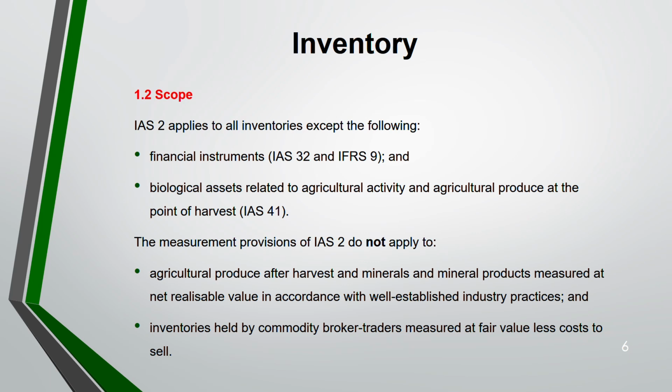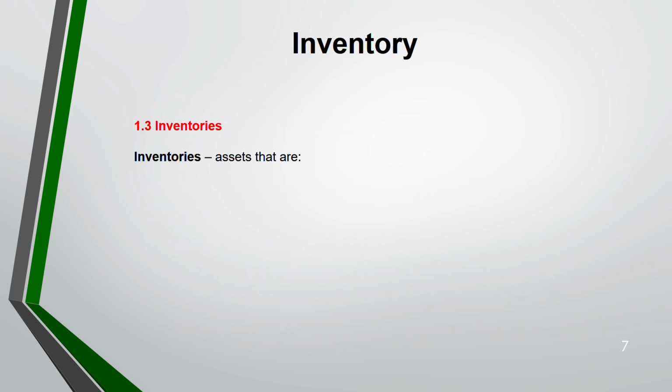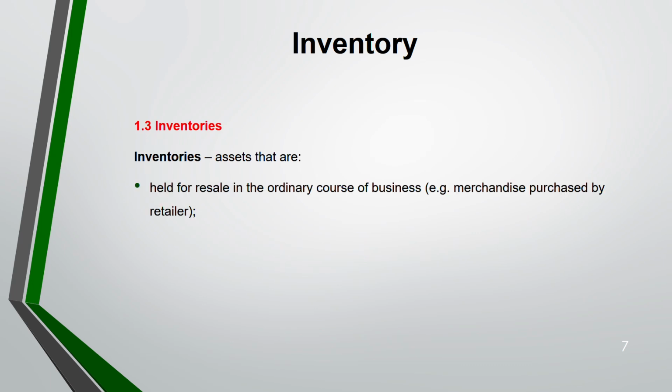Okay. Now, inventories are assets that are held for resale in the ordinary course of business. Inventories are usually current. You do not hold them for more than 12 months. That's why in your statement of financial position you will see inventories come under current assets. In fact, that's the first item. So we are holding it for resale in the ordinary course of business.